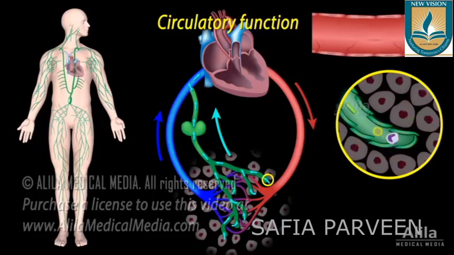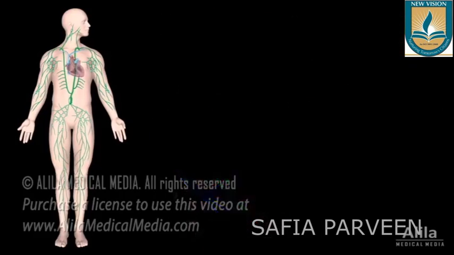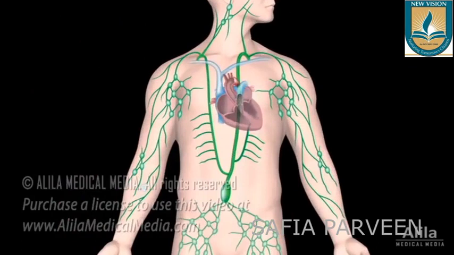All the particles, all the cells, platelets, white blood cells, enter into this lymphatic system and they make their way into the lymphatic vessels.